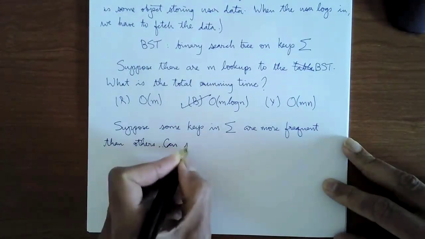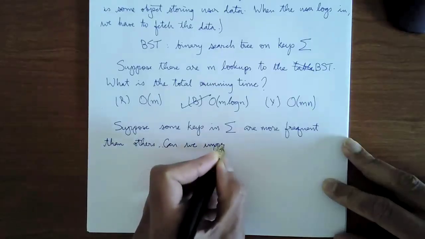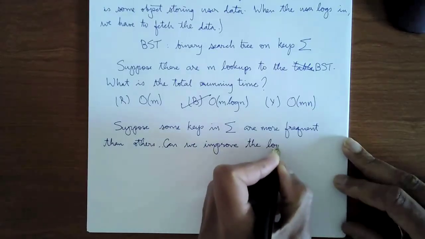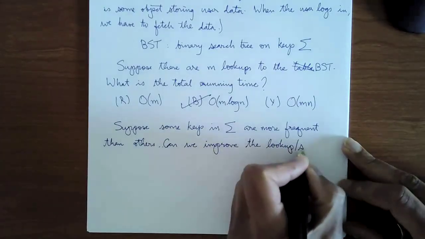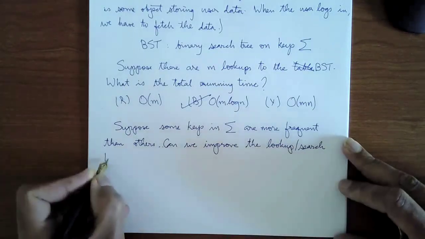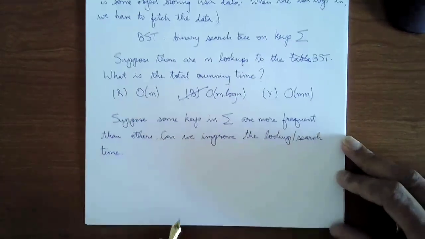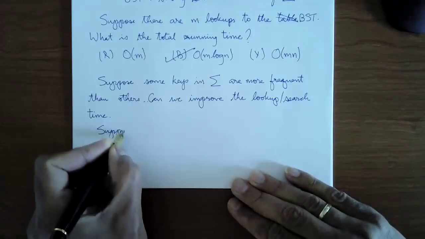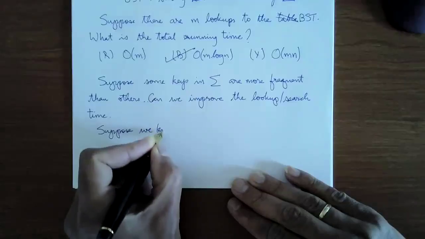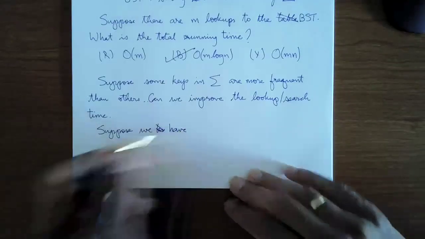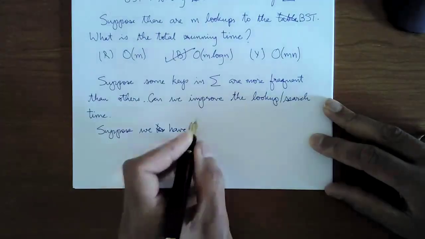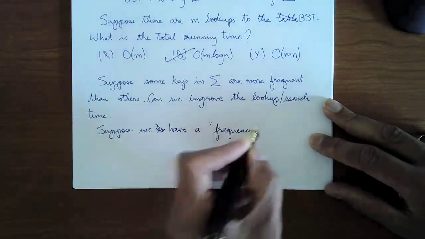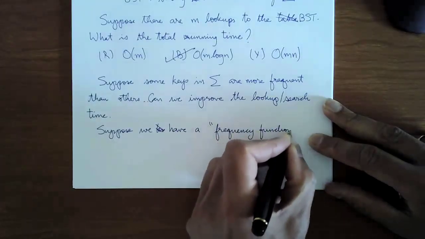So some keys are more frequent than others. And the question is, can we improve the lookup or the search time? Okay, so let me now make this formal. Suppose we know, or we have, what I will call a frequency function.